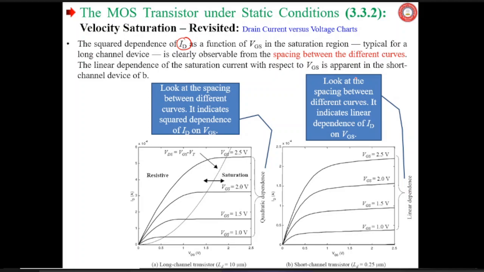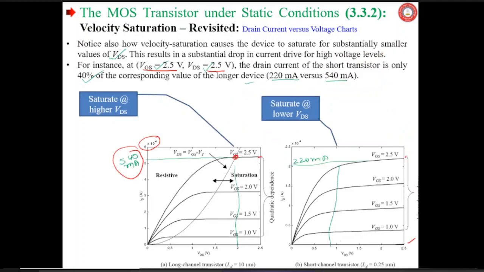Whereas at VDS 2.5 volt and VGS equals 2.5 volt in the short channel device, the current is 220 microampere. So it can be concluded that velocity saturation has reduced the current ID of the device. Are you understanding?